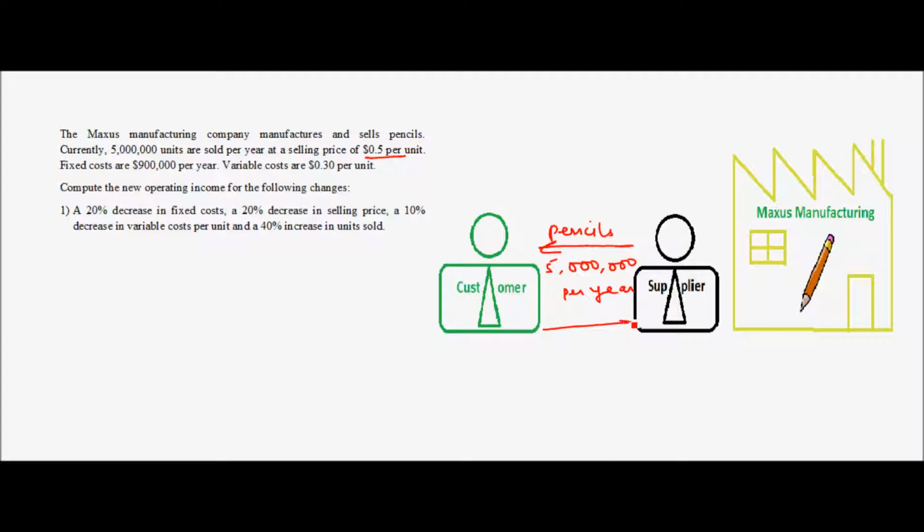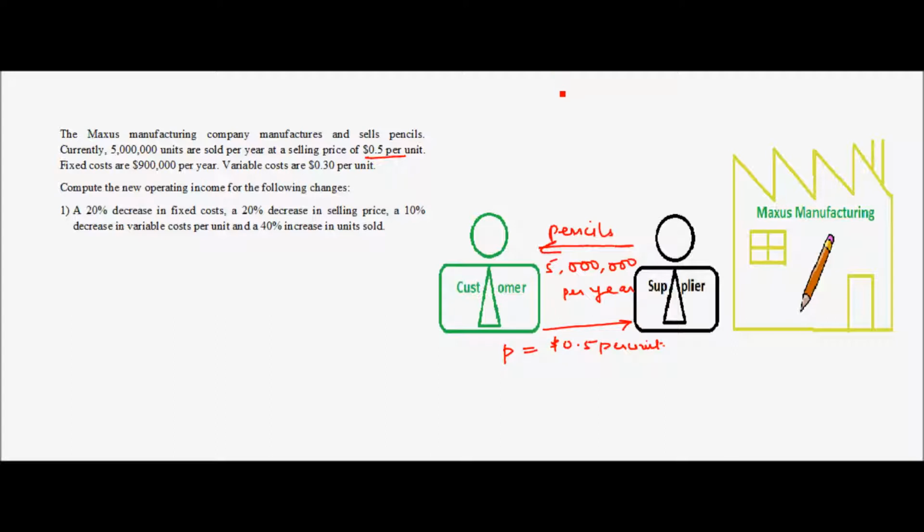So for each pencil, what Maxus Manufacturing is getting is $0.5 per unit. This is the selling price, or in short, we denote it as small p.